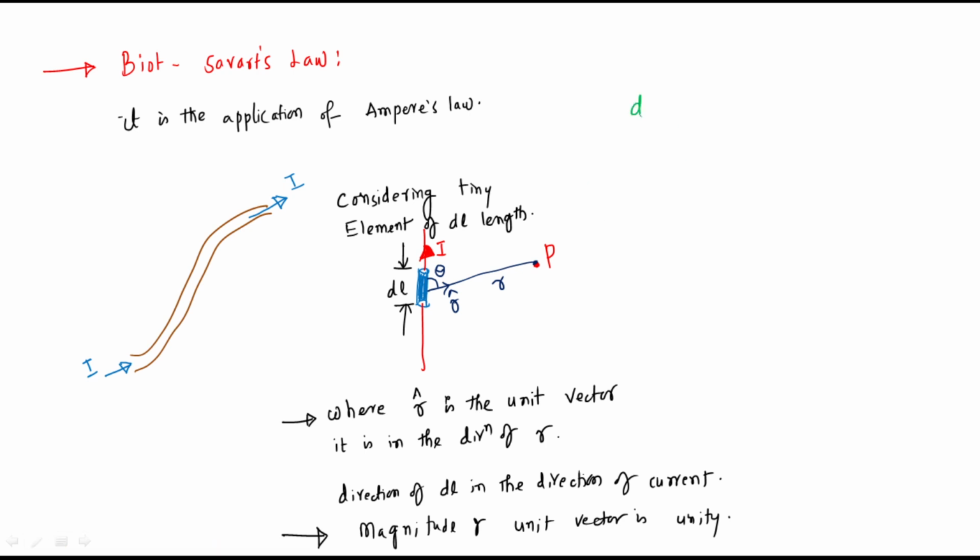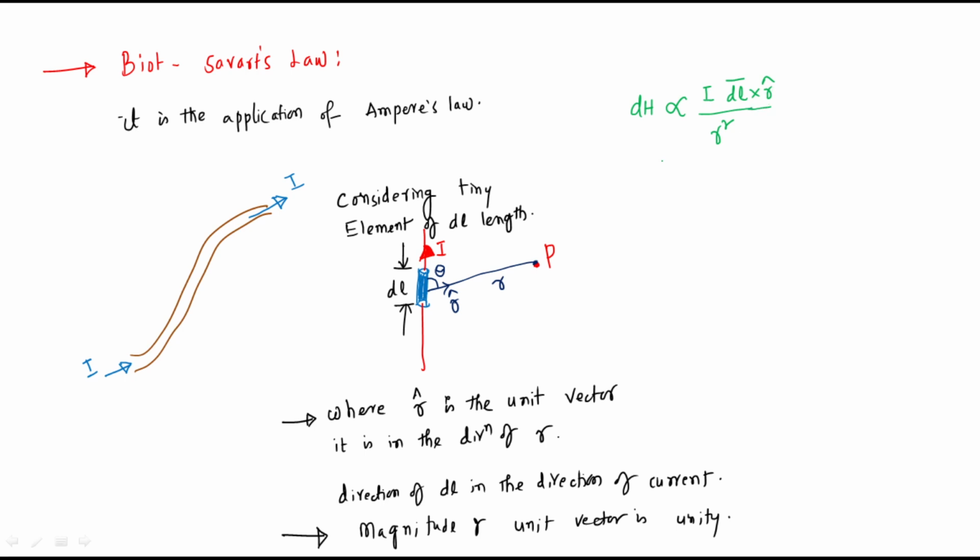So Biot-Savart's law states that the magnetic field strength is dH. Why are we considering dH? Because we have taken the tiny element of length dl. dH is directly proportional to the current through the tiny element and the length of that element, and inversely proportional to the square of the distance, in the direction r cap. dl is in the direction of current, and r cap is in the direction of r.